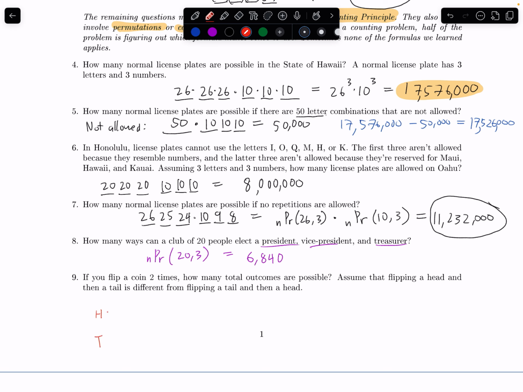If I toss a head first, next coin I could toss a head or a tail. If I toss a tail first, next coin I could toss a head or a tail. So you see how many outcomes are possible? 1, 2, 3, 4. Where did that 4 come from? First flip, I had 2 outcomes possible. Second flip, another 2 outcomes possible. 2 times 2 is equal to 4. See that? So there we go.